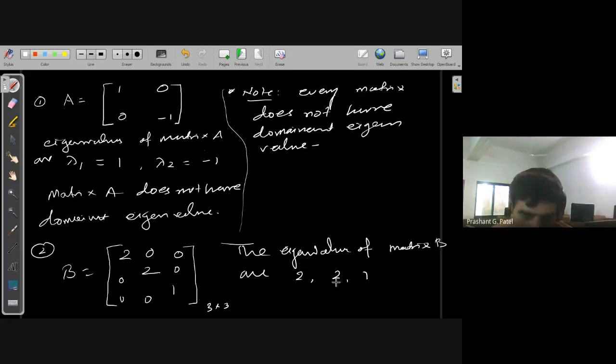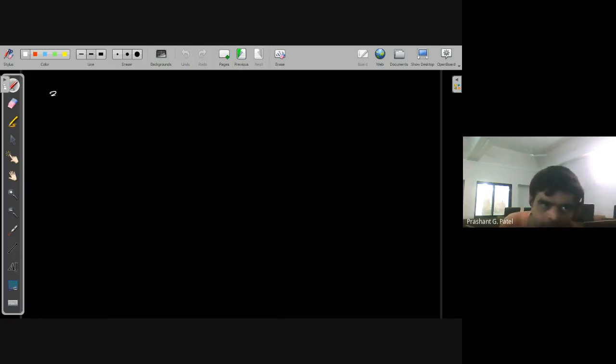Again, with a similar argument as before, this matrix B does not have a dominant eigenvalue. Let's have a third example, where I define C as the matrix with rows 2, minus 12 and 1, minus 5.